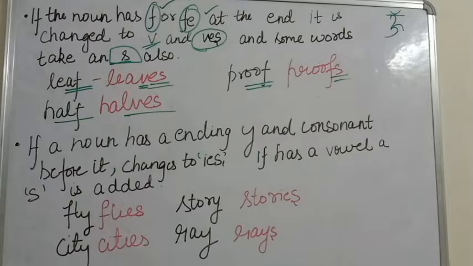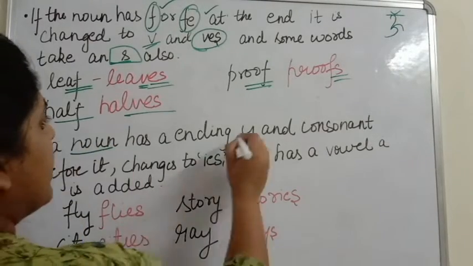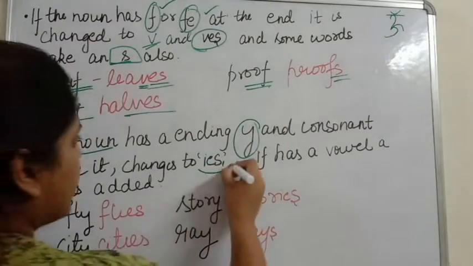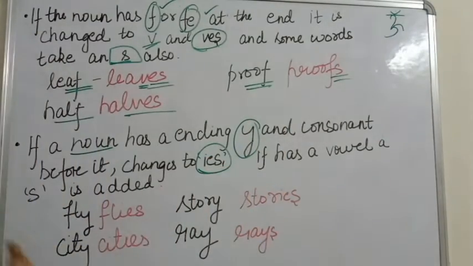Okay, let's move further. If a noun has an ending Y and a consonant before it, it changes to IES. Like in this example, I have fly.